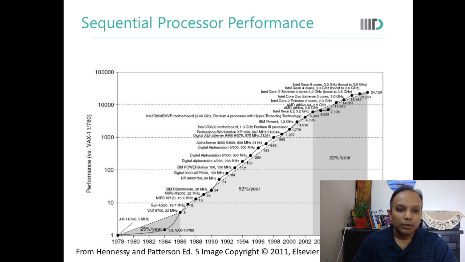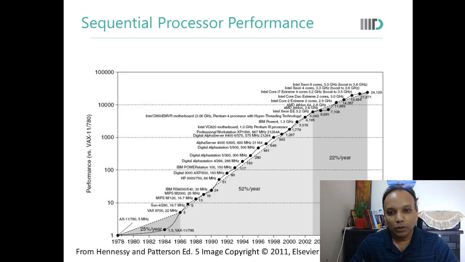The y axis here is logarithmic, and it shows the performance which is normalized with a very popular computer of the very initial days, named VAX 11, and the performance of all the other processors is normalized with respect to that. And as we see, with passing years, the performance of these processors has increased quite significantly.